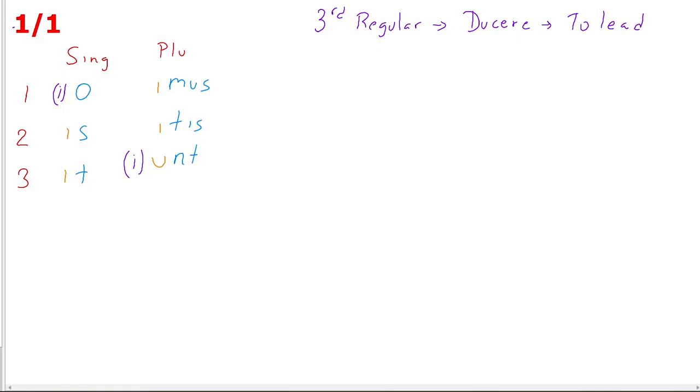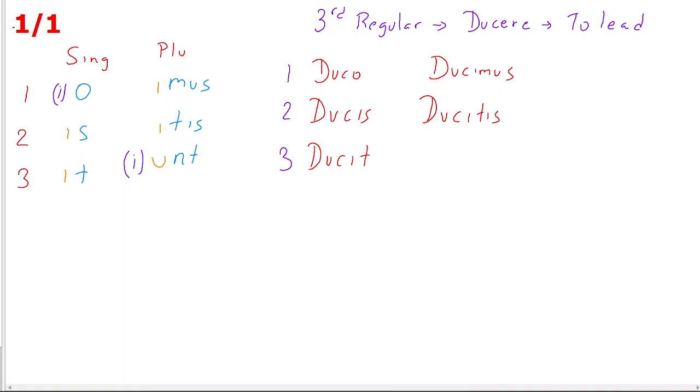So therefore, in the first person singular, it would be duco, ducis, ducit, ducimus, ducitis, and ducunt.